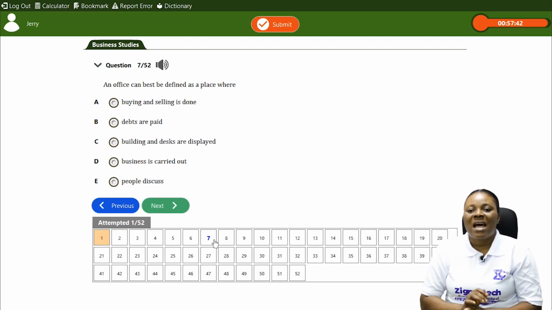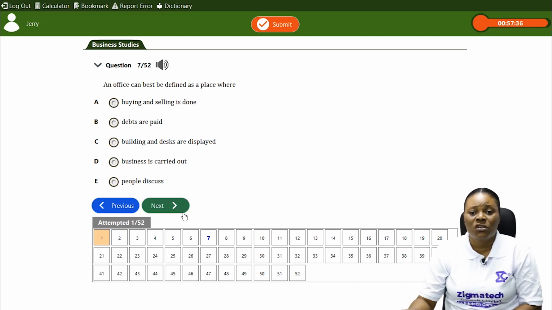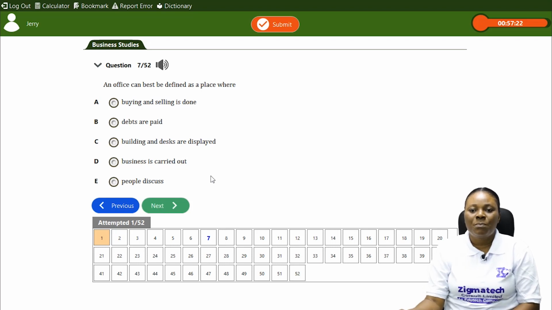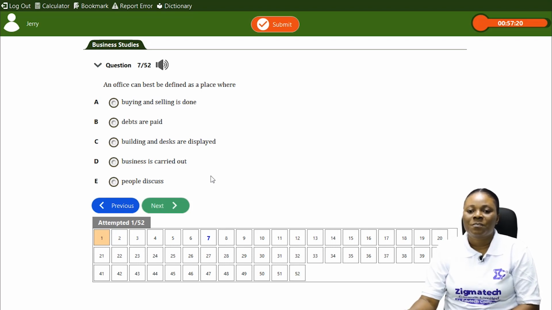Another question says, an office can best be defined as a place where dash. Remember, we looked at the definition of an office. A, buying and selling is done. B, debts are paid. C, building and decks are displayed. D, business is carried out. And E, people discuss.